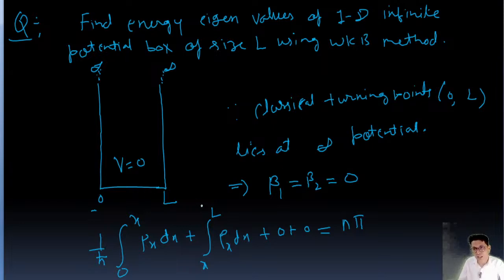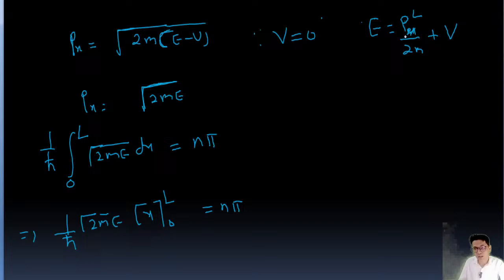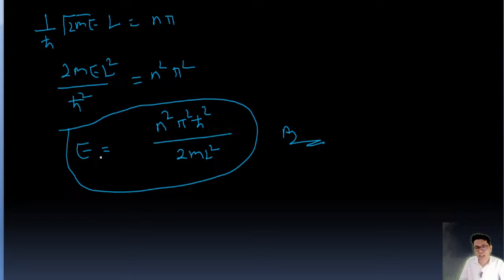These are the classical points, and this is the quantization condition we have put, and then we have simplified. The value of Px we got from here, because total energy is kinetic energy plus potential energy, right? We solved it and got the energy eigenvalue of the 1D infinite potential box by the WKB method.